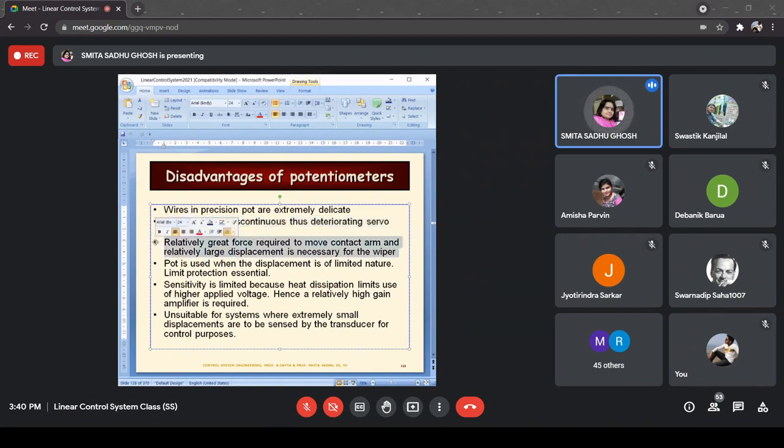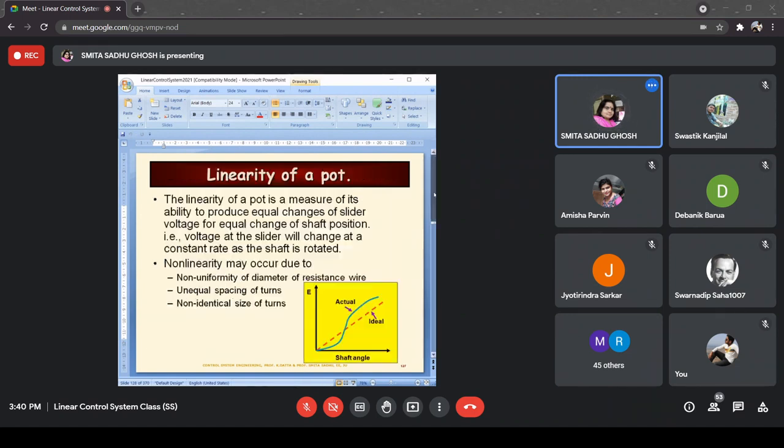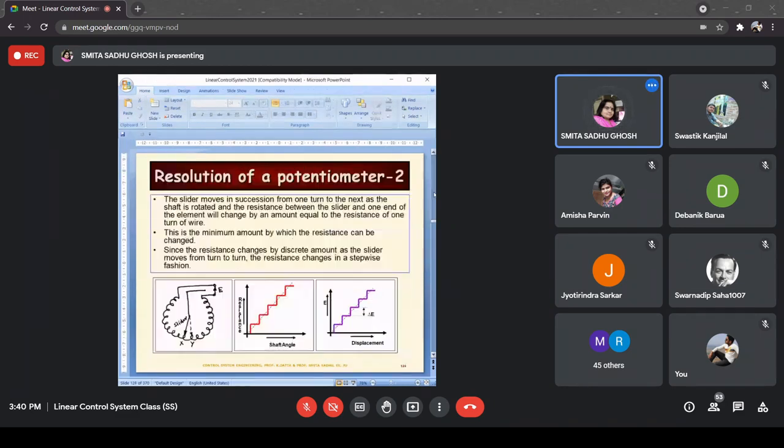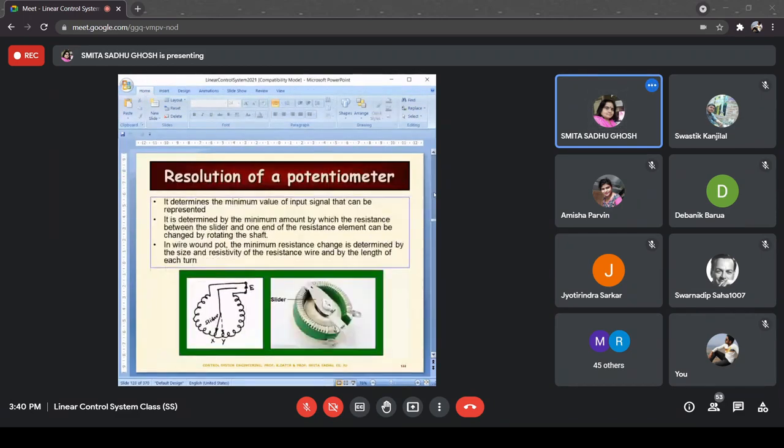Next is that relatively great force is required to move the contact arm, and relatively large displacement is necessary for the wiper. So what we are stating over here is, let me just show you this one. We want this slider to be in close contact with the wires, because if there is a loose contact, there is no contact over here for some portion, what will happen?